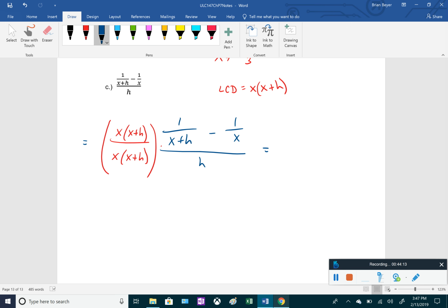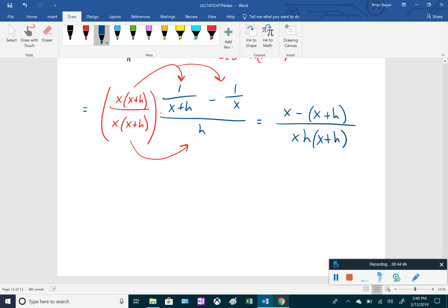So multiplying it, distributing it into this first one, the x plus h's cancel and we're only left with x. So really nice, cancels nicely. When we do it to the other one, the x's cancel and we're left with minus the x plus h. Now when we do it into the denominator, there's only an h there, so it's just going to be xh times x plus h.